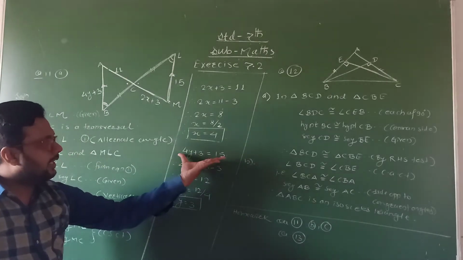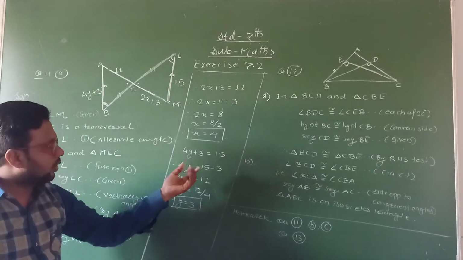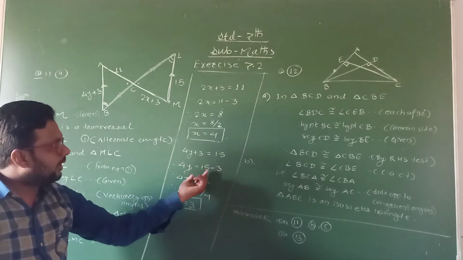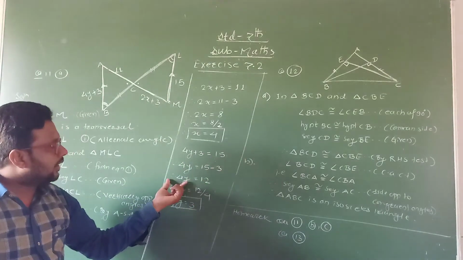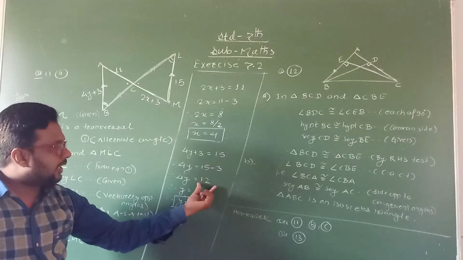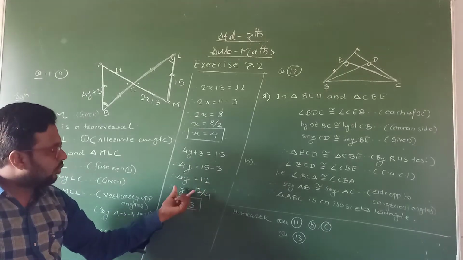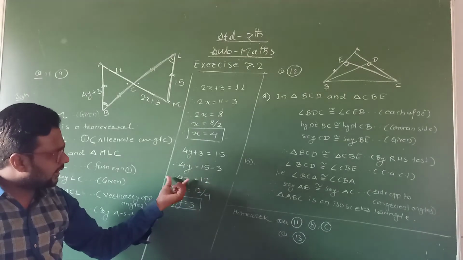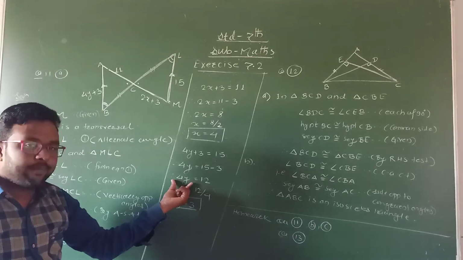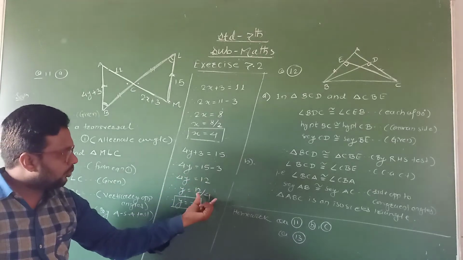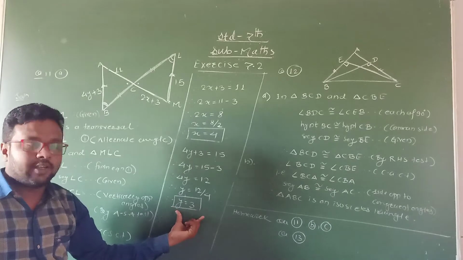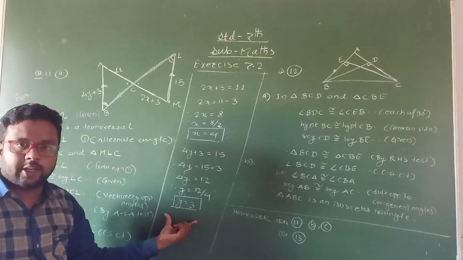In this way, here we get the equation. We solve this equation now. 4y is equal to 15 minus 3, we transfer here. Then 4y is equal to 15 minus 3, we get 12. Then y is equal to, we transfer 4, which is in multiplication with y. It will come in division, that is 12 upon 4. Here we get y is equal to 3. This is the required answer for these variables.